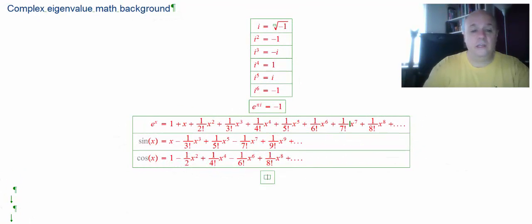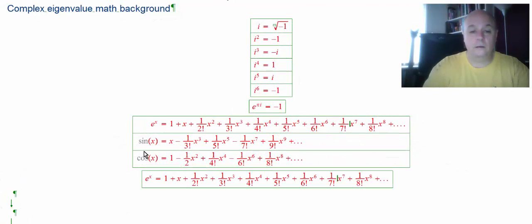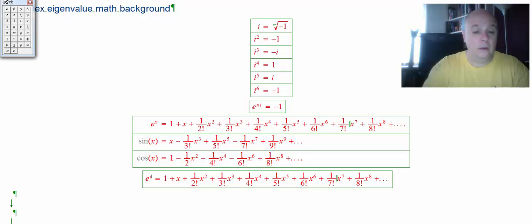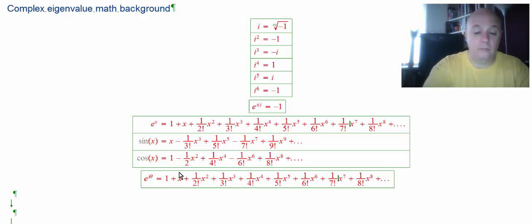So let's take this e to the x formula, and everywhere there's an x, I'm going to substitute in i times theta, let's say.